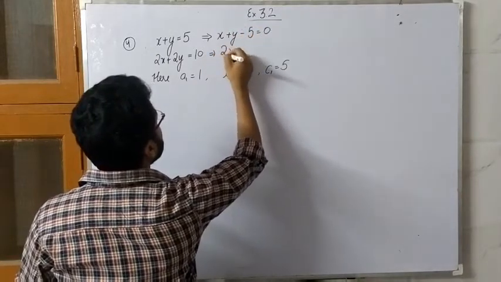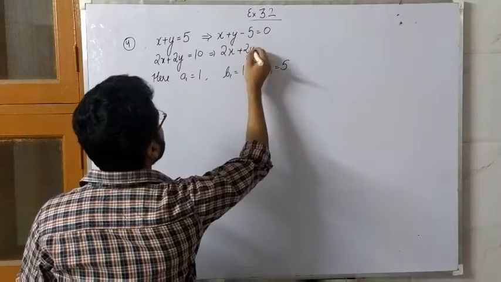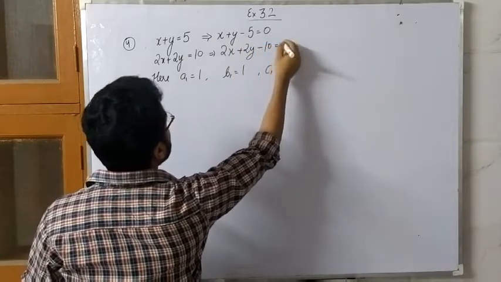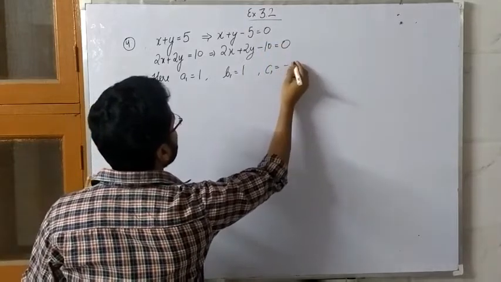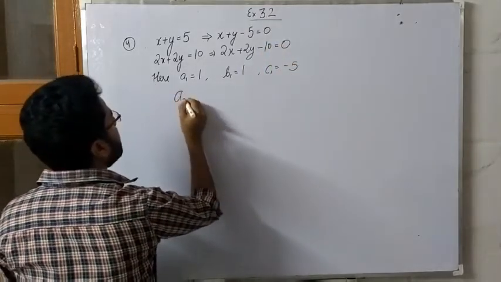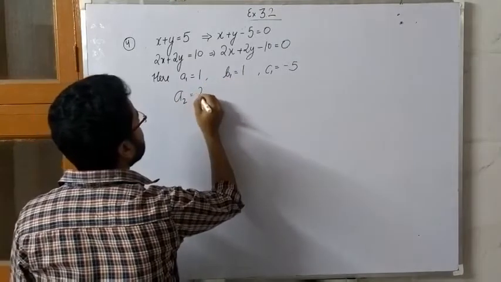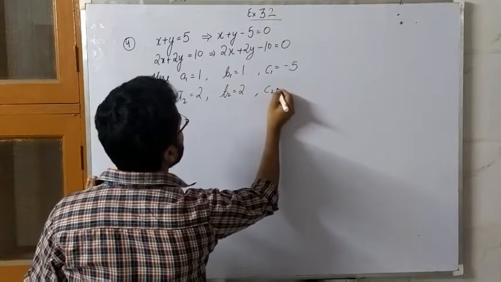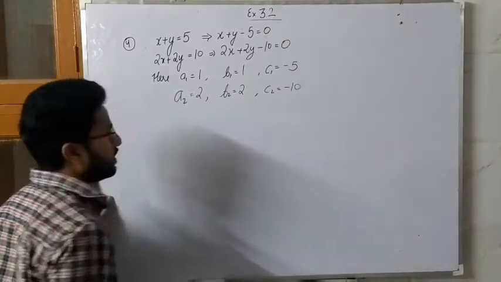This also we will convert into general form: 2x plus 2y minus 10 equals 0. Plus 10 will go to that side and become minus 10, right? Now c1 will be minus 5. Similarly, a2 will be 2, b2 will be 2, and c2 will be minus 10, right?